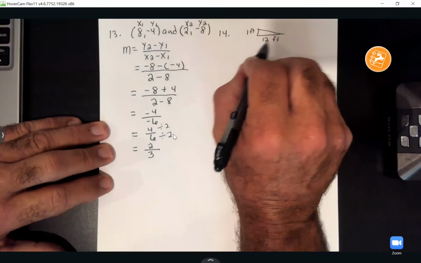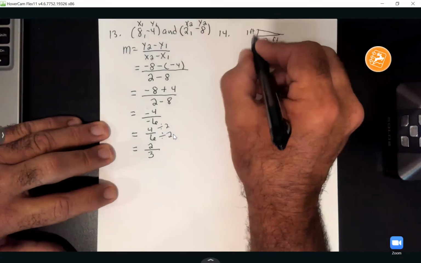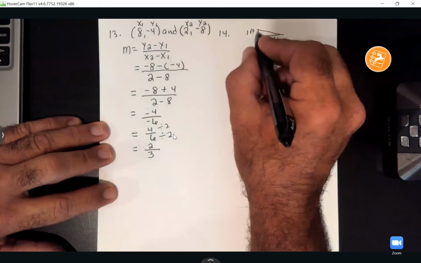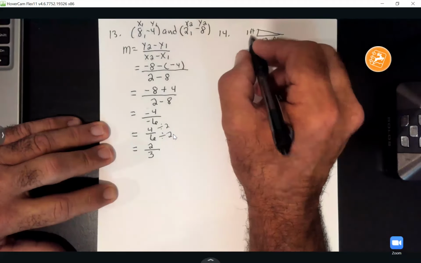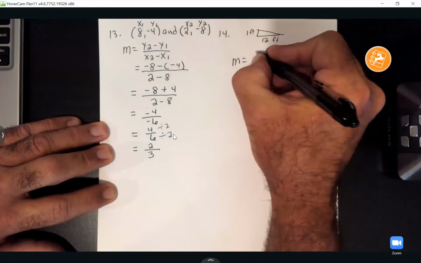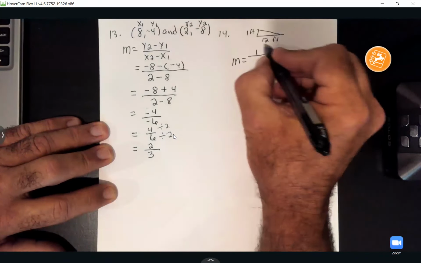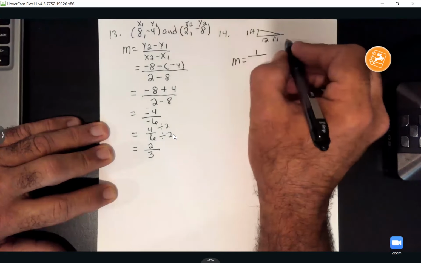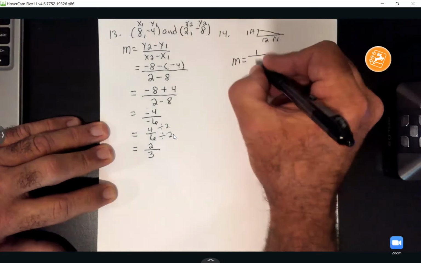So when they give it to you in this form, the vertical side that's going up, that's your rise. That's going to be on top. So your slope is going to equal the rise, which is 1 divided by the run, which is your horizontal line here, and that is a 12.